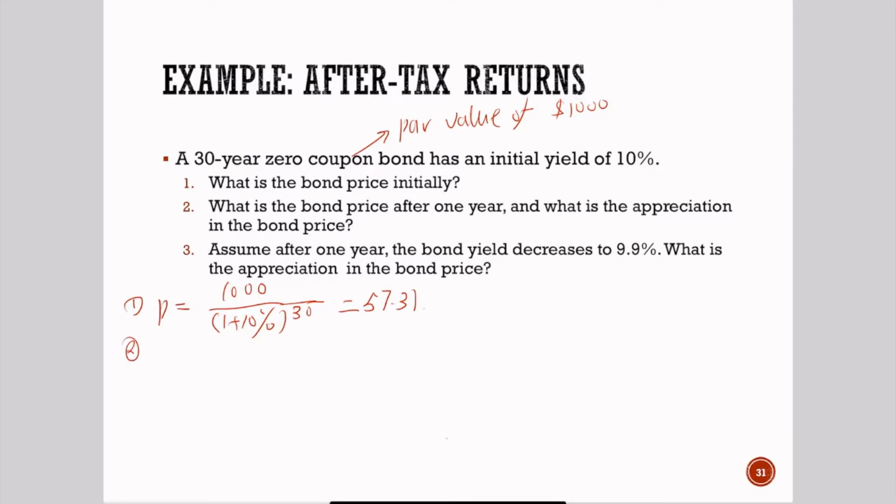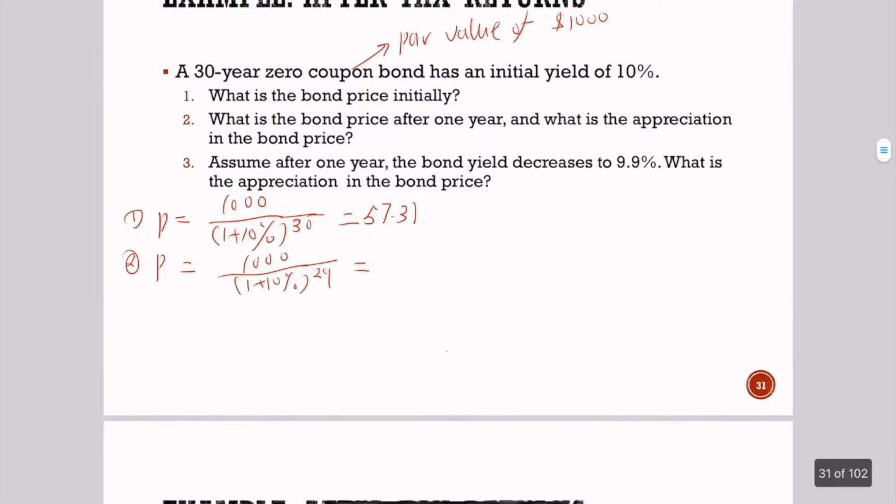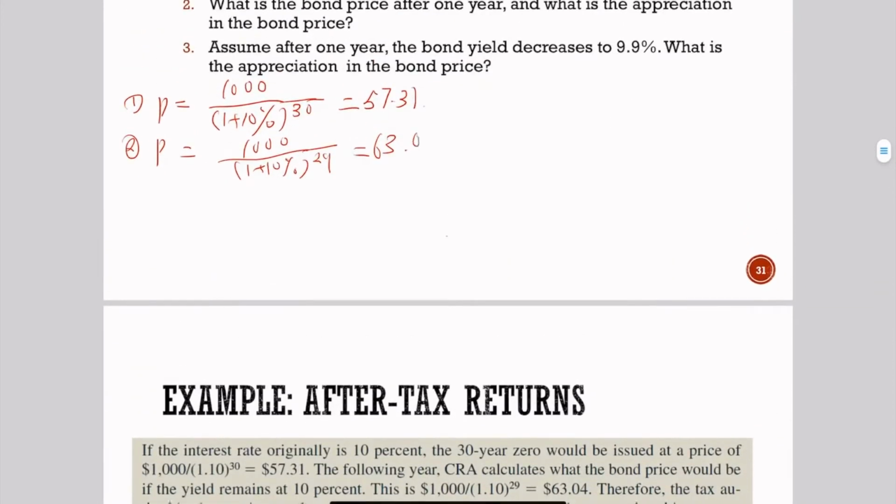Now the second question is, what is the bond price after 1 year, and what is the appreciation in the bond price? After 1 year, the formula should be almost the same, except now you have 29 years left. And in this case, the discounted value would be 63.04, right?